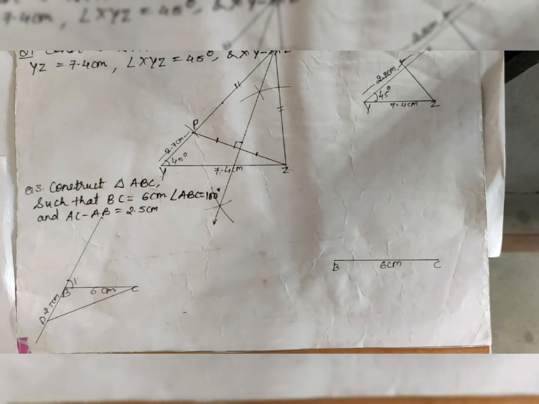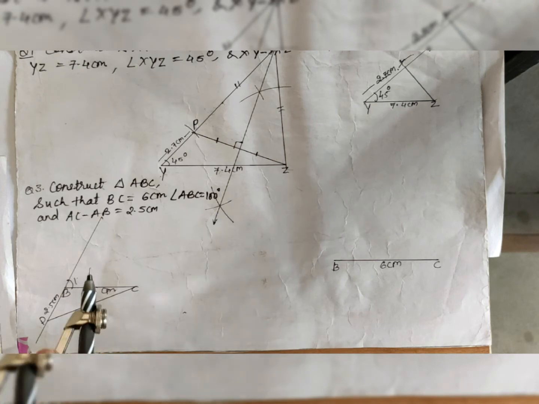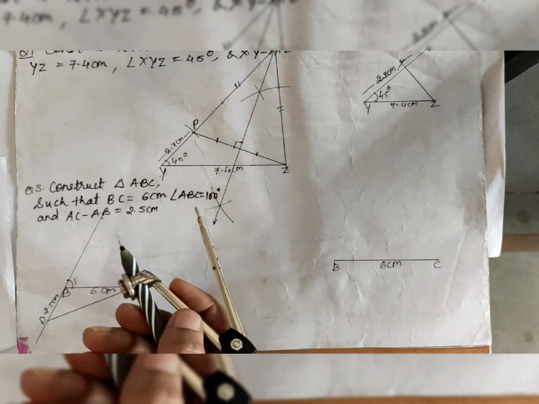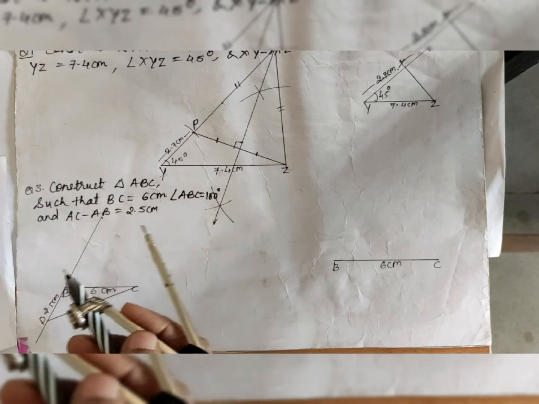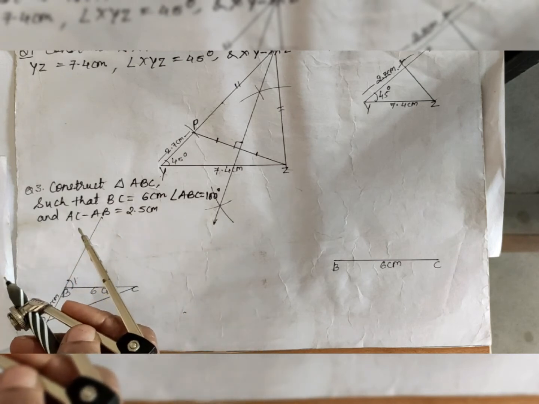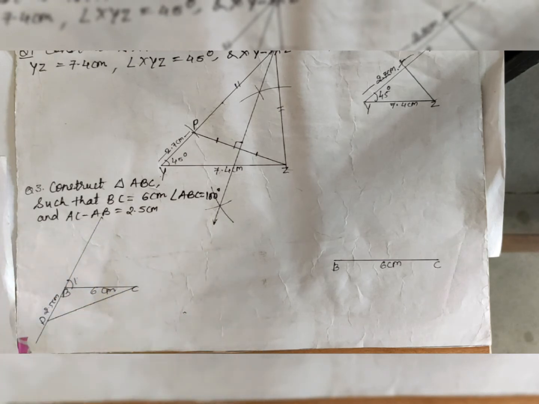Okay, now let's move to the third question children. Now let's see question number 3. Construct triangle ABC such that BC is equal to 6 centimeter, angle B is equal to 100 degrees, and the difference of two sides, that is AC and AB, is given. Now children, you can see here in the rough figure I have taken this 2.5 downward of this segment BC, on the downside of this segment BC.